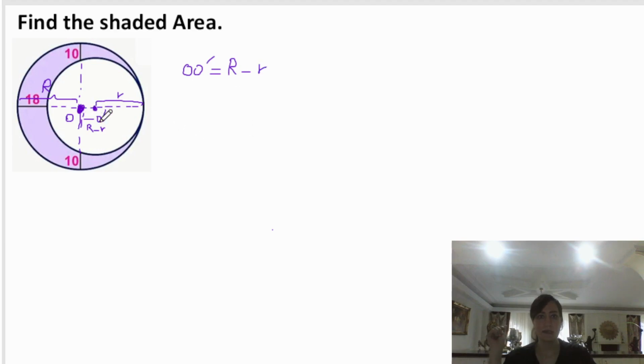Look here, the diameter of the inner circle is 2r, and the diameter of the outer circle is 2 capital R.